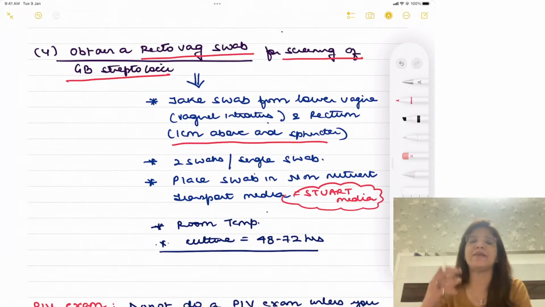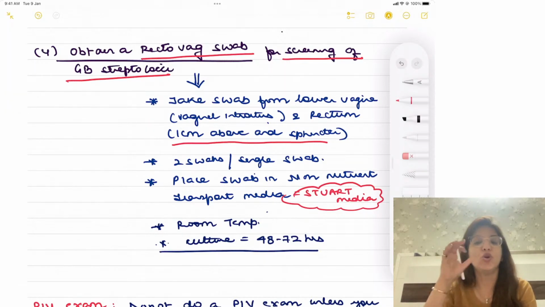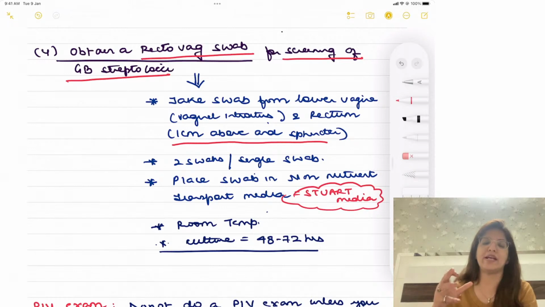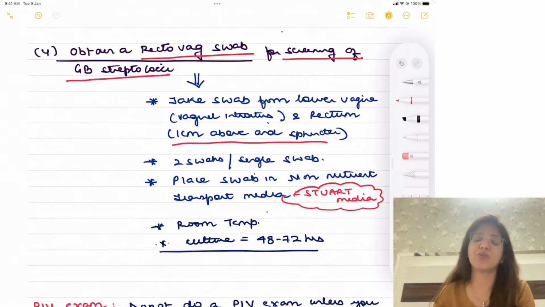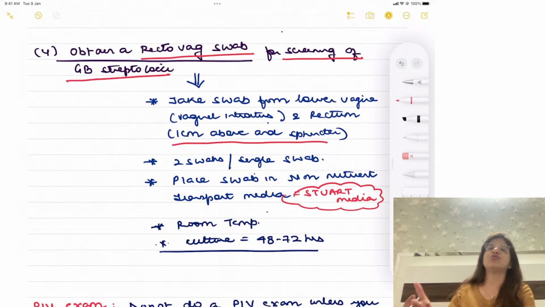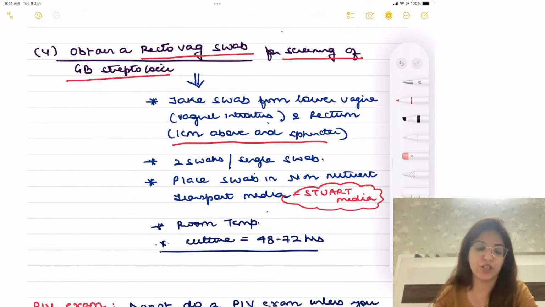So you don't need any kind of lowering down of temperature or any kind of fridge for doing that, right? Or you don't need to put an ice pack for transferring the media, right? So it has to be done at room temperature, and this group B streptococci culture is going to be done for 48 to 72 hours. So I am going to get the report after 48 to 72 hours, right?